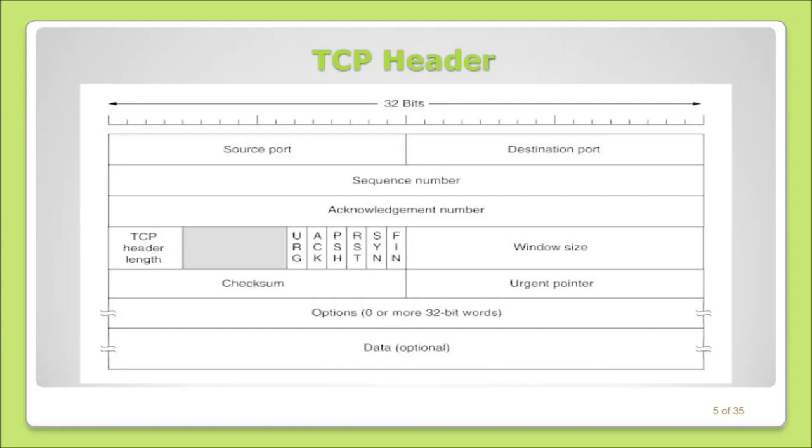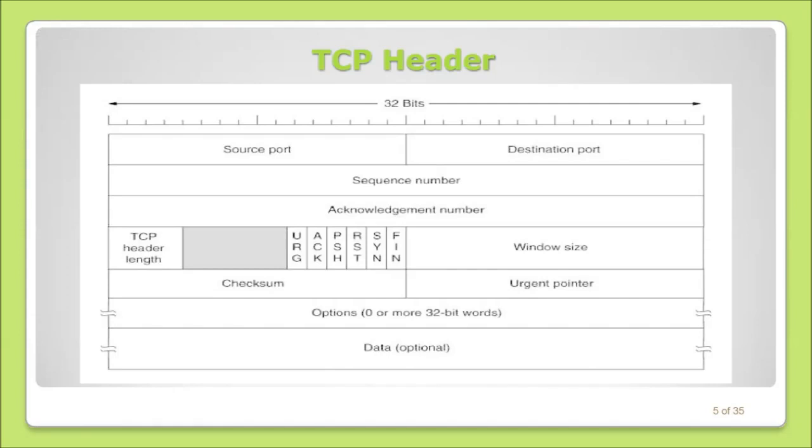While data is transmitted from the source, the source port will be used, and when data is received by the destination, the destination port is used. Next is sequence number. Sequence number is used for fragments. When large data is divided into small portions, those are called fragments, and every fragment contains a specific number that is called the sequence number.